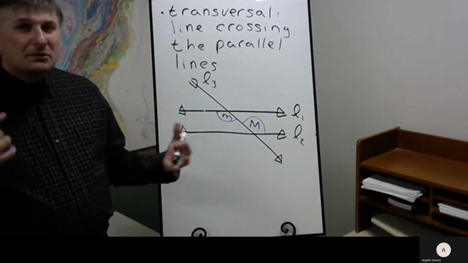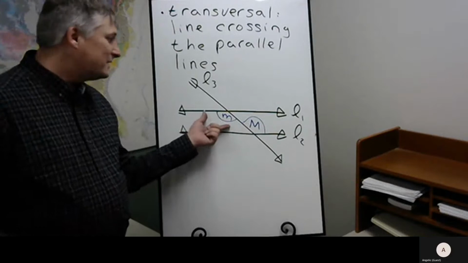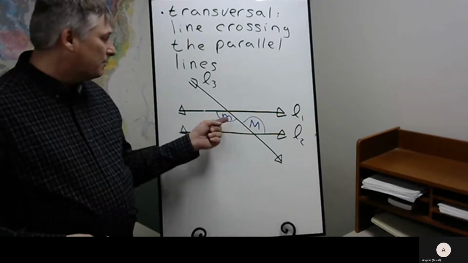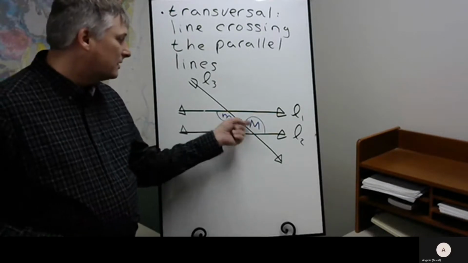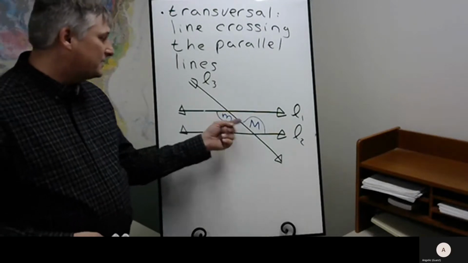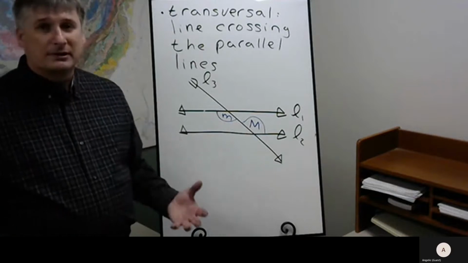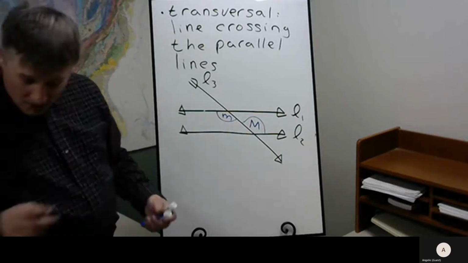And they're on alternate sides of the transversal. So we're on the interior of the parallel lines, but on alternate sides of the transversal. And it turns out these angles have the same measure, and they're called alternate interior angles.